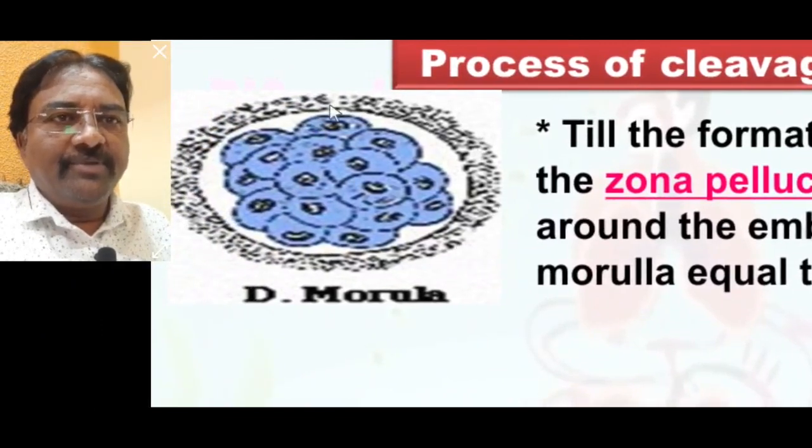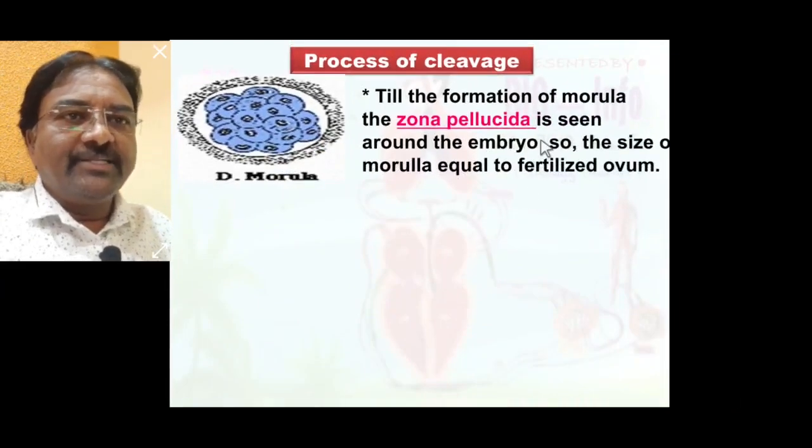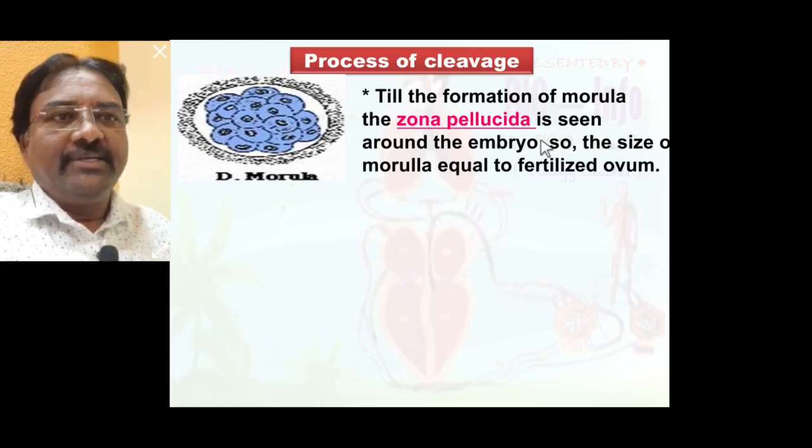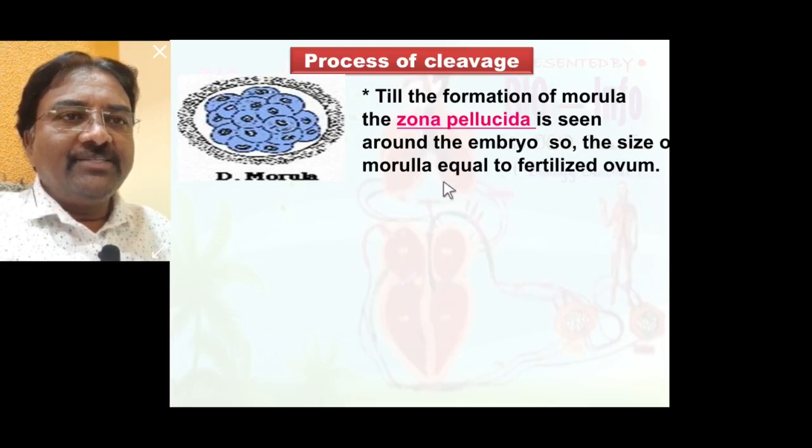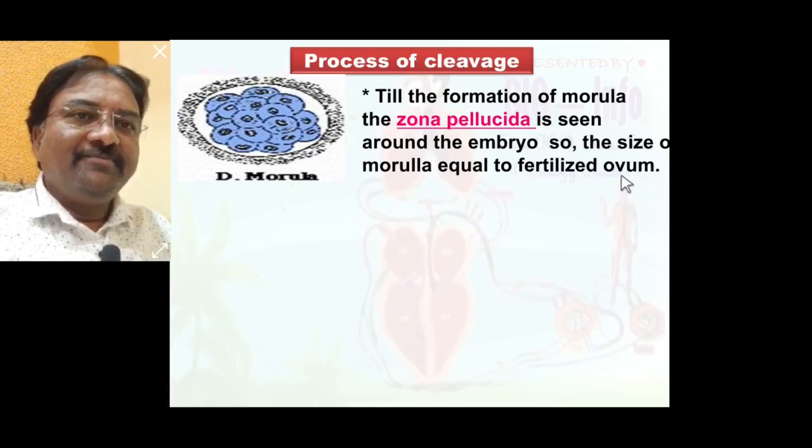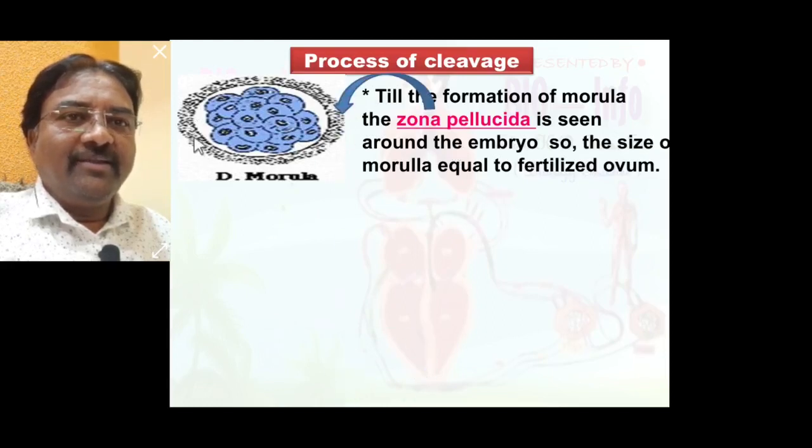Because of the zona pellucida around the morula, the size of the morula is the same as that of the fertilized ovum, the zygote. Here the zona pellucida is labeled.